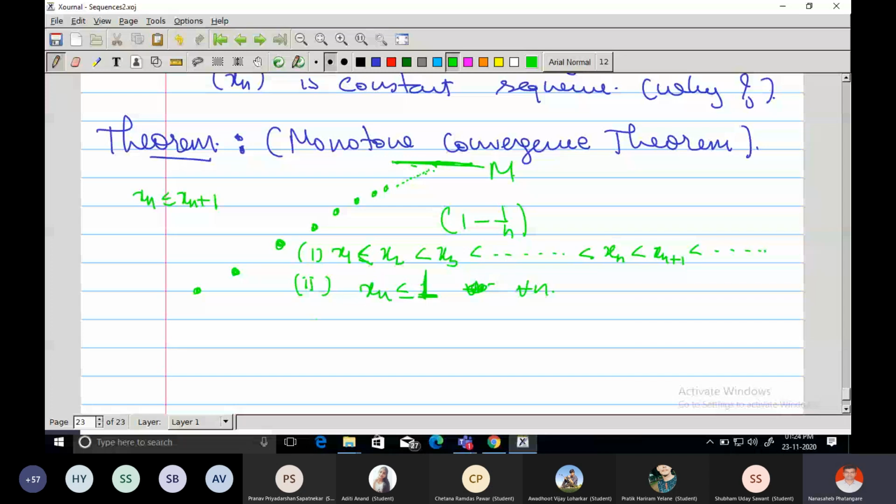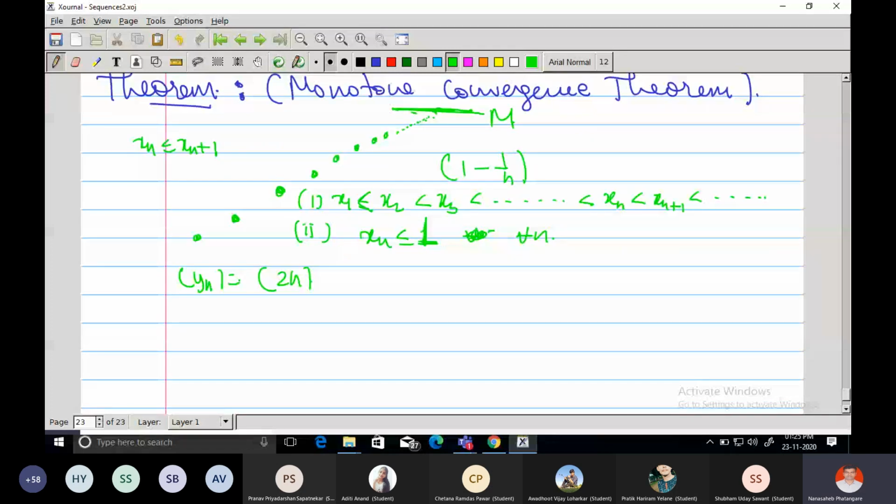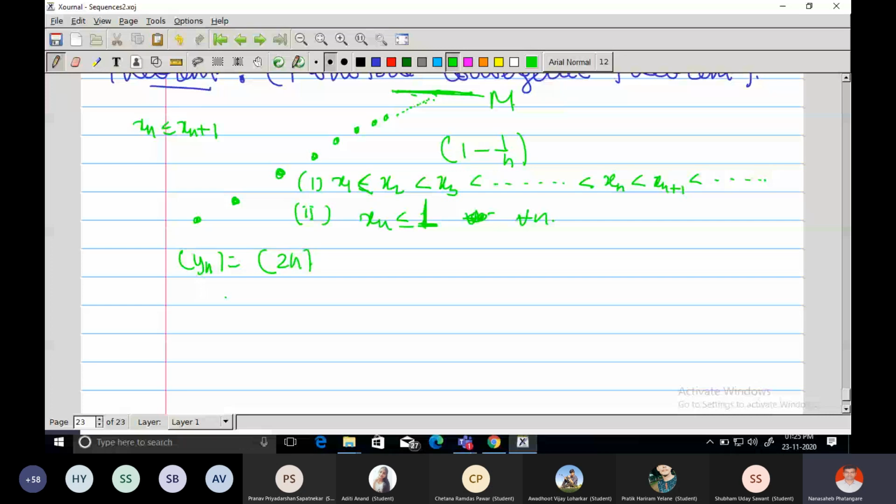But on the contrary, if you look at sequence yn, which is 2n, is it monotonic increasing? Yes, sir. Right, because what is the first term y1, y2, y3? y1 is 2, y2 is 4.